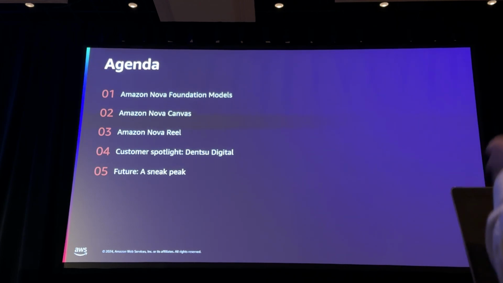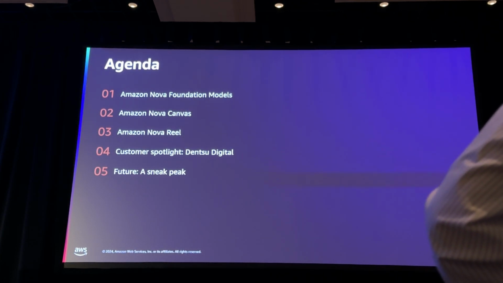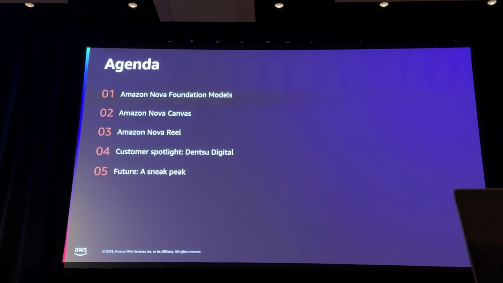As the agenda for today's talk, we'll first review the Amazon Nova Foundation models family that were introduced by Andy Jassy in his keynote yesterday. Then we'll dive deep into the two creative content generation models, Amazon Nova Canvas and Amazon Nova Reel.